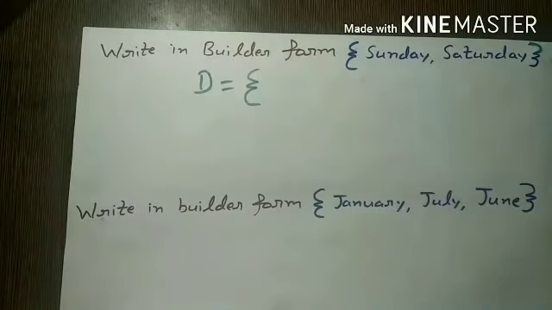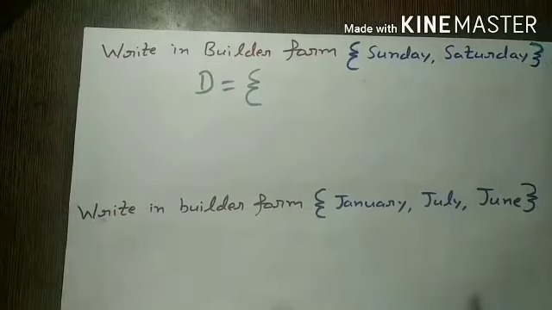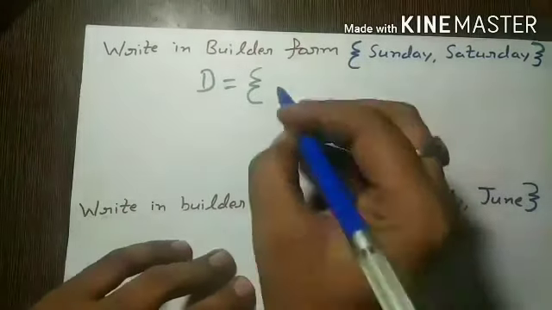Now I will generalize this member. What is the common property of both these members, Saturday and Sunday? These are the days of the week. Also they are starting with the English alphabet S. So I can write in the builder form.